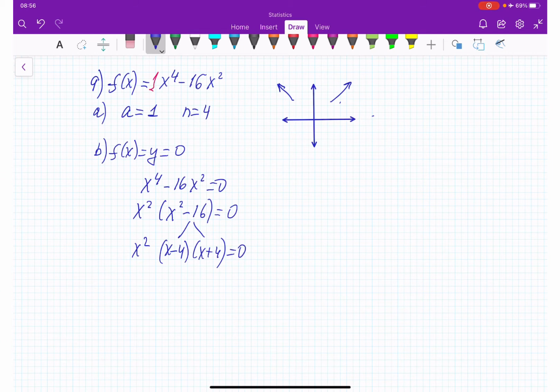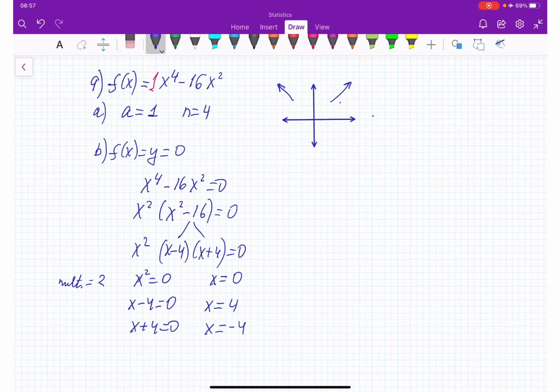So we have our x-intercepts: either x squared equals 0, where x is equal to 0, obviously, or x minus 4 equals 0, where x is equal to 4, or x plus 4 equals 0, where x is equal to negative 4. Let's identify multiplicity. For the first case, multiplicity is equal to 2, which means it's going to curve and turn around.